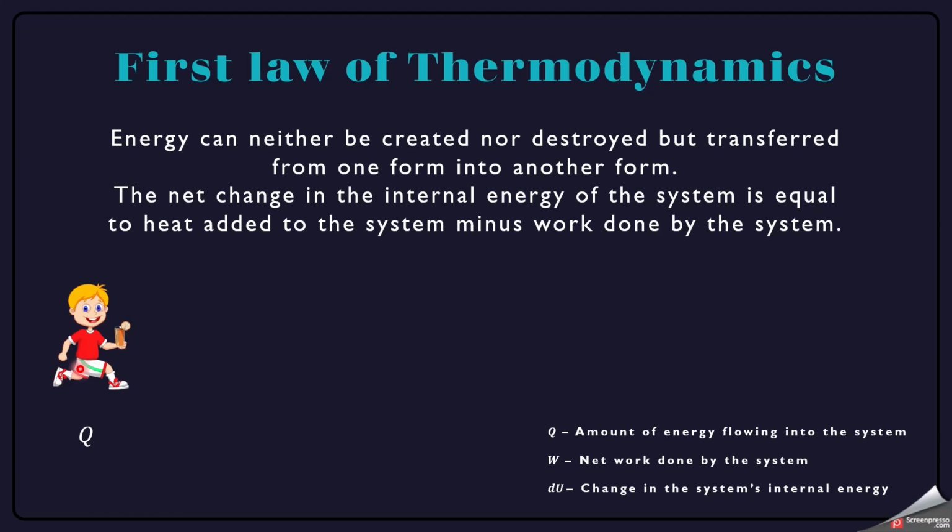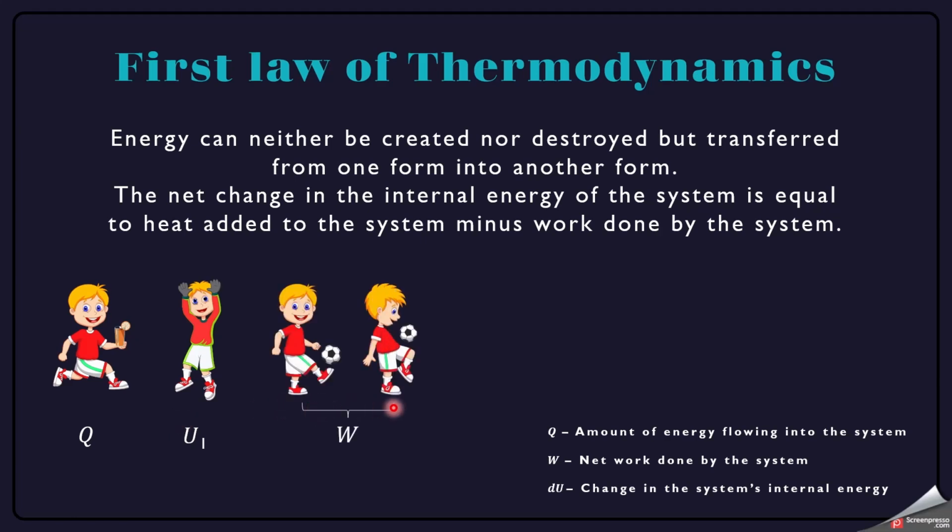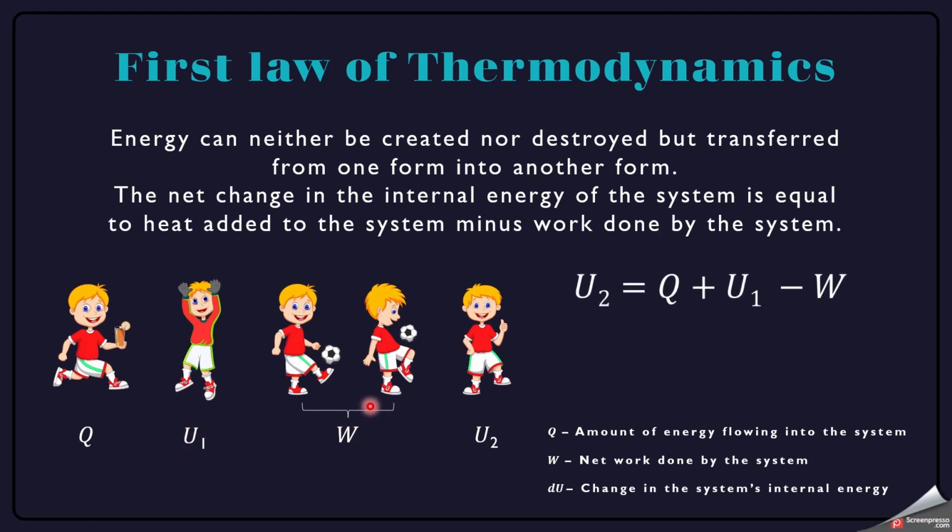So he has gained Q amount of energy to do work, and right now he has the internal energy of U1. Now the boy is playing football and spends some amount of energy as work. After playing, his internal energy becomes U2. Now the inlet energy, that is Q, plus the initial internal energy U1, minus the work done, is equal to the final internal energy.